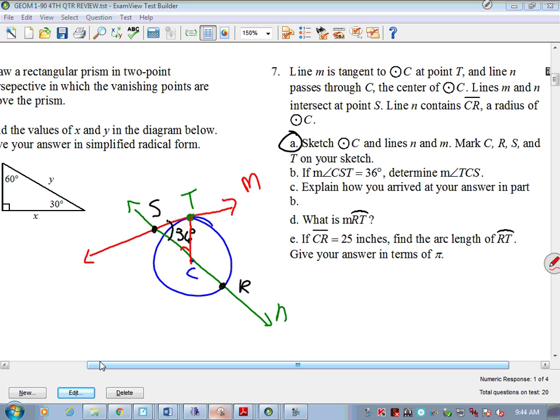Okay, so we're dealing with triangle and angles. What number do we typically deal with when we're talking about triangles and angles? 180. But I only know 1 degree. Do I know anything else? What is TC? What's another name for TC? No, because a chord goes all the way through. A radius. All right, what do I know about a radius and a tangent line? Right, even though it doesn't look like it, but that's drawing error more than anything, right?